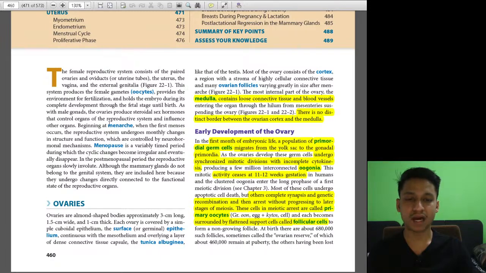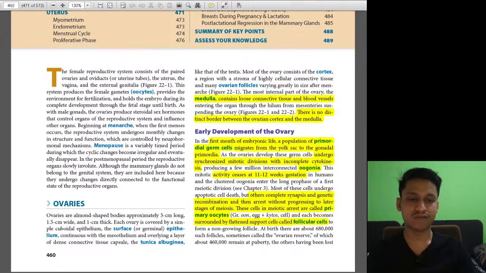Beginning at menarche. This word menarche is important: it is when the first menses occurs. The reproductive system undergoes monthly changes in structure and function, which are controlled by a neurohormonal mechanism.